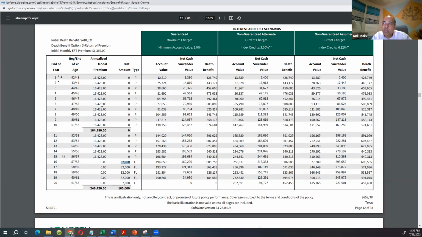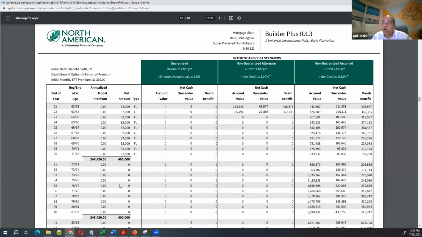We are assuming that in the next 15 years, sometime in the future, they will be able to refinance, bring their rate down so that their yearly mortgage expense will reduce. That is a very practical scenario. Rates will definitely go down in the next few years back to around the 3.5-4% level. So if it drops, then they start taking out 32K and pay off their mortgage.